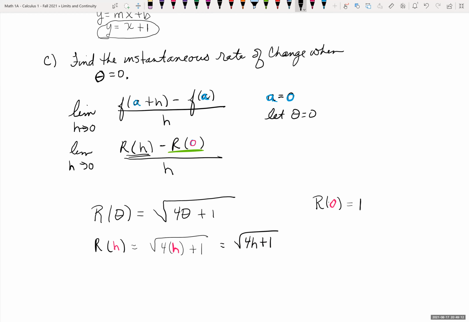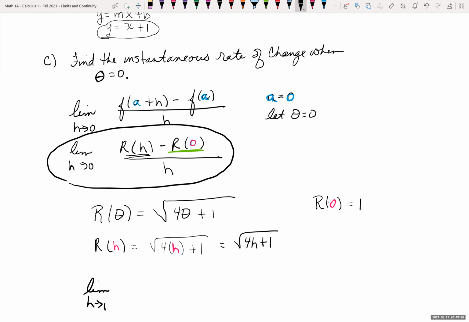So let's go back in and replace what we just found. I have the limit as h goes to 0 of r of h, which we just found was the square root of 4h plus 1, minus r of 0, which we just found was 1, all over h.